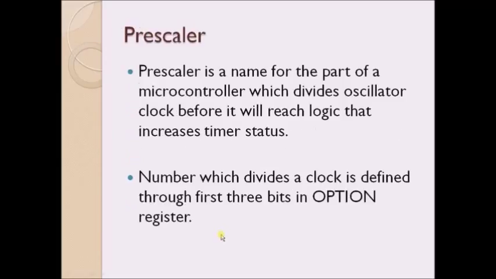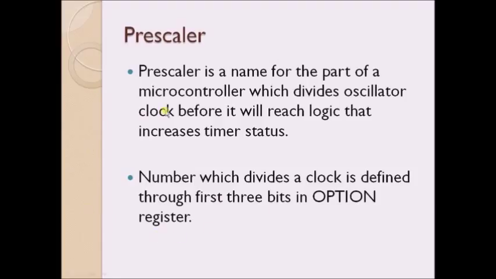So what is this Prescaler? The Prescaler is a block present inside the timer module, and it divides the incoming clock by a number. That number is decided with the help of the option register.